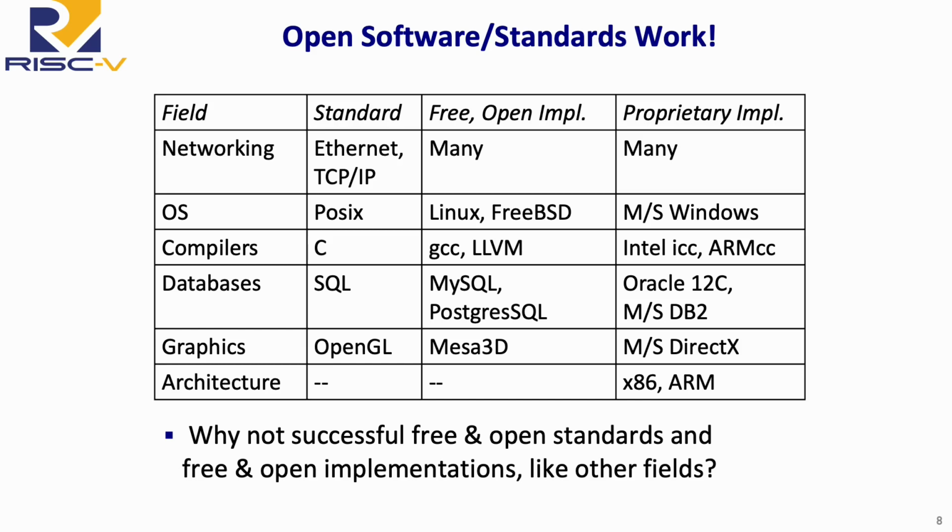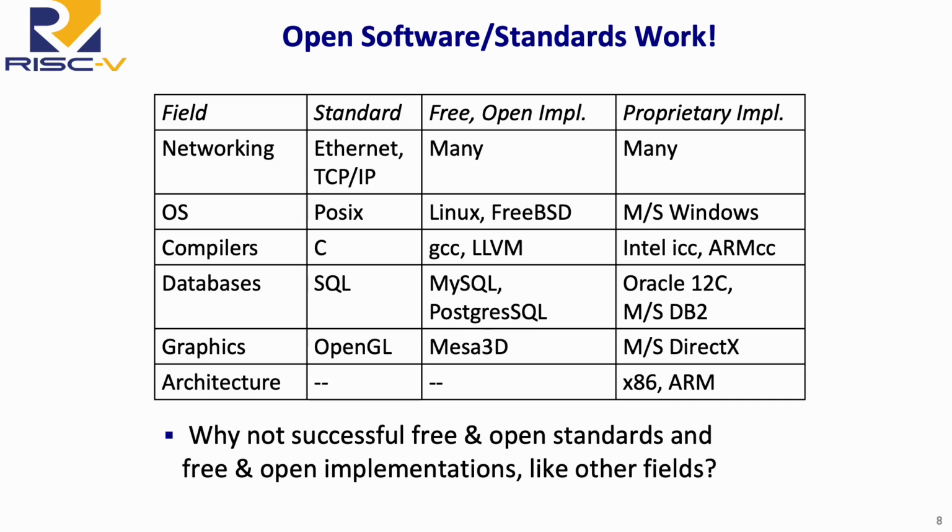If we look in the open source software world and the standards world, from networking, both the hardware and software, things like Ethernet are standardized, and then there are open source and proprietary stacks that work with that networking. In the OS world, we've got standards like POSIX, and there are free operating systems like Linux and FreeBSD, and proprietary implementations like Microsoft Windows and so on.